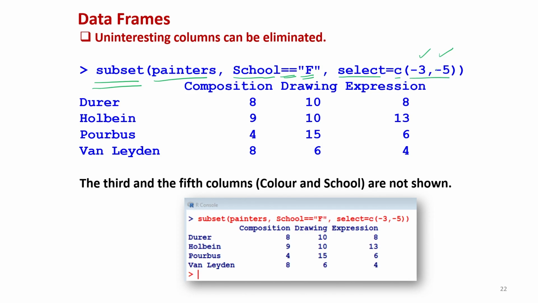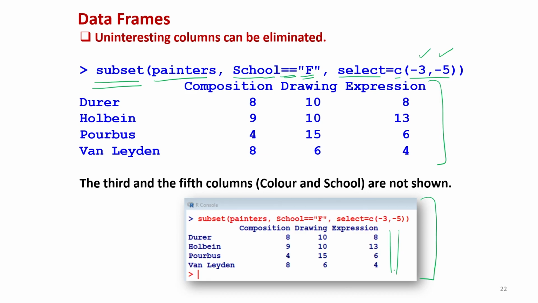As soon as you say -3 -5, R will understand that the third and fifth columns have to be eliminated. So now you can see this will be your data set, and this is the screenshot. The two columns have been eliminated and all those places where school is equal to F are given here.